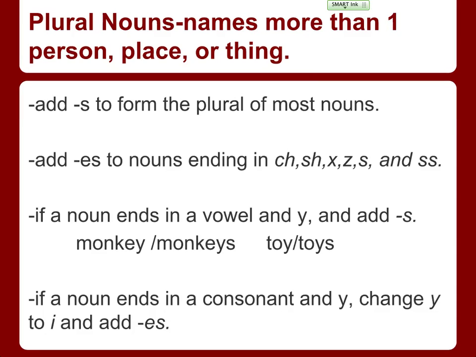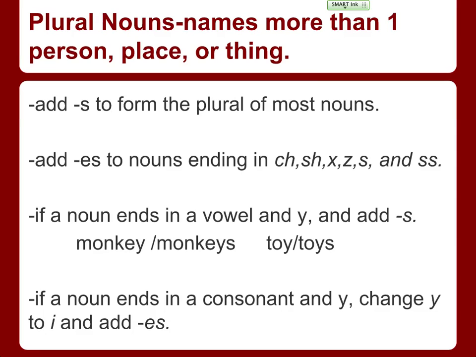Yes. We have fungus, and that's what we call an irregular noun. For that one, we're changing the S to an I. But for the most part, if they end in any of these, you're going to add an ES. These are going to be glued into your notebooks for plural nouns.